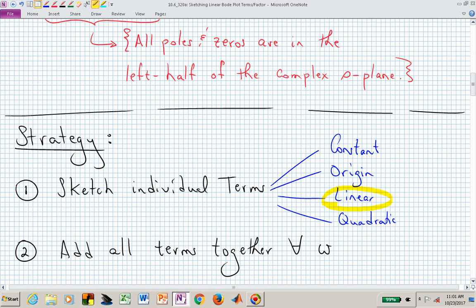Once we have all of those put down on the same plot, then we can just slide our thinking and our sketching from the left, small frequencies, to the right, large frequencies, and add up the magnitude components as we transition from low frequency to high frequency, and we can add up the phase component, adding up those angles, which we've already sketched the component pieces after we learn these different techniques.